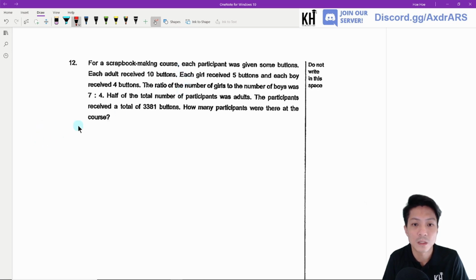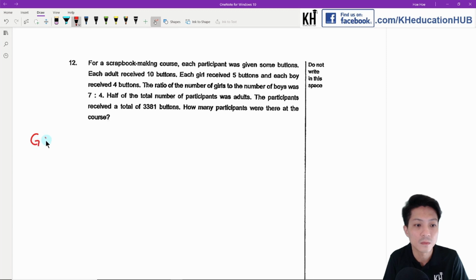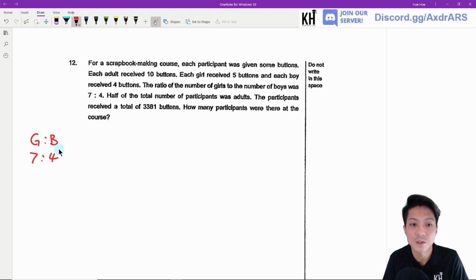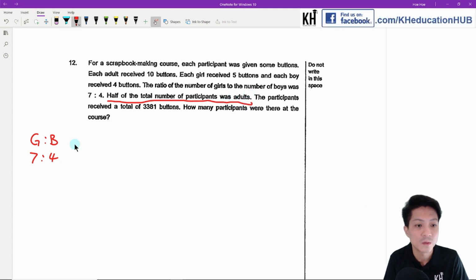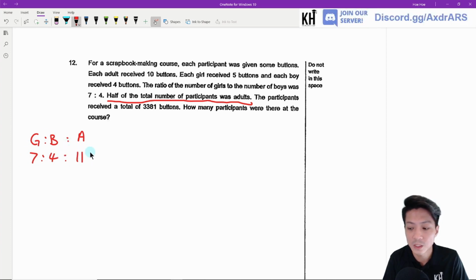Okay, so the ratio of the number of girls to the number of boys was 7:4, and over here it says that half of the total participants was adults, which means that adults is equal to the total number of children, which is 7 plus 4, which is 11 units.